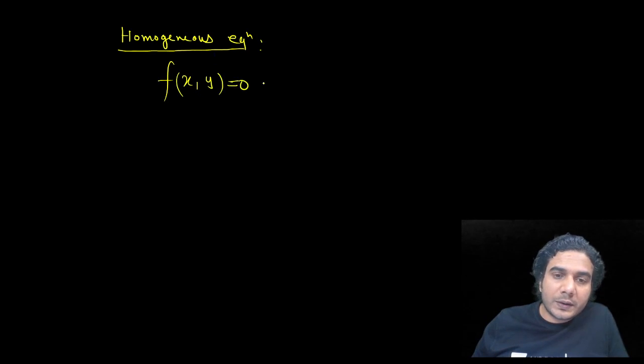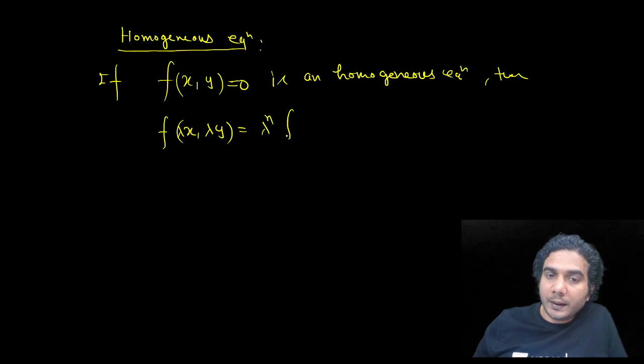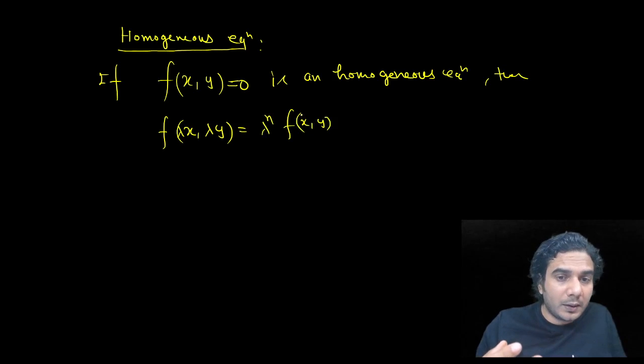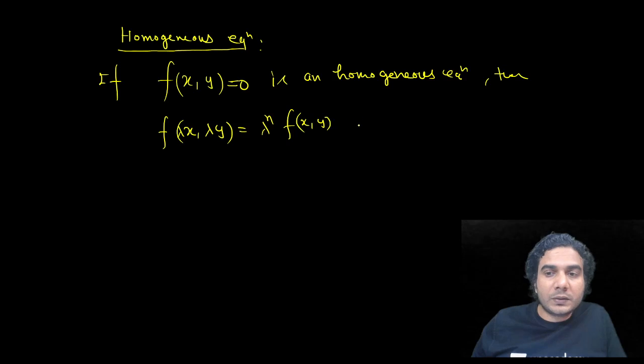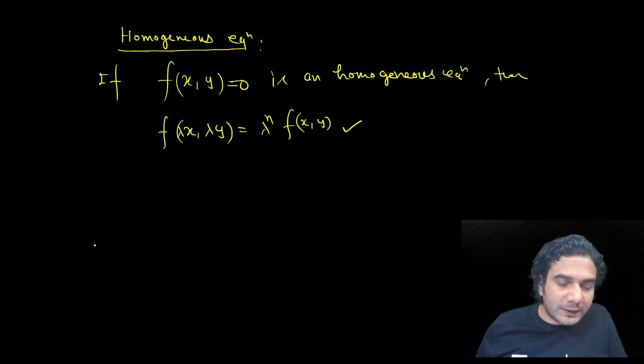You call this equation homogeneous if, when you replace x by lambda x and y by lambda y, it equals lambda raised to n times f of x comma y. That means you can take lambda raised to n common. This is a way of expressing a homogeneous equation.